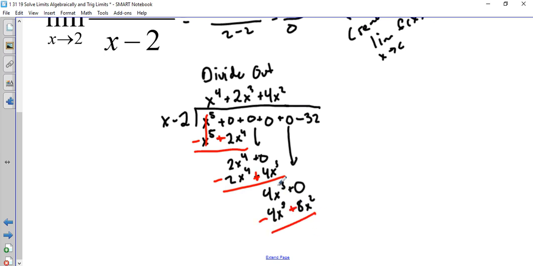Plus right there, cancels out. This turns into plus 8x squared. And then now we bring down the 32. I'm writing on an angle, but that's okay. We have this plus 8x. Did I forget a 0? I think I missed a 0. It's going to work out. What we have right here is going to be x squared. Don't bring that down yet.